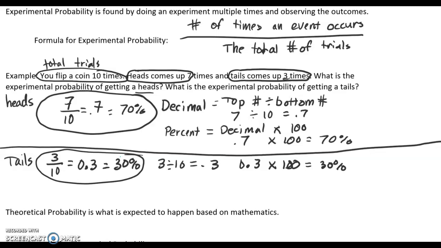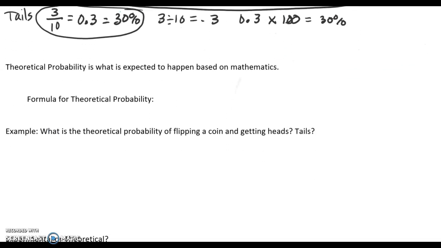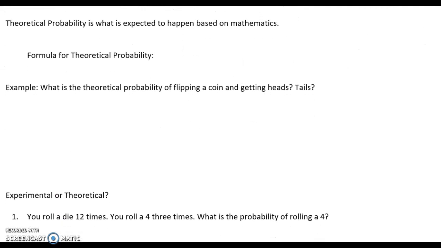Now, the other type of probability that we're going to learn about today is theoretical probability. Theoretical probability is what is expected to happen based on mathematics. What this means is if we performed that experiment of flipping our coin, let's say instead of 10 times, if we performed it 1,000,000 times, most likely the theoretical probability will occur in our experiment.